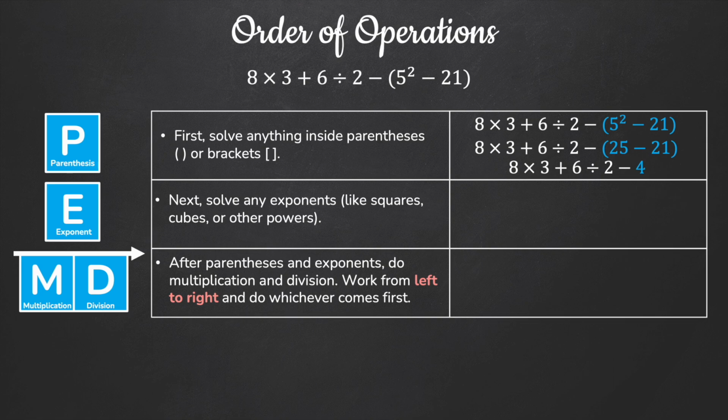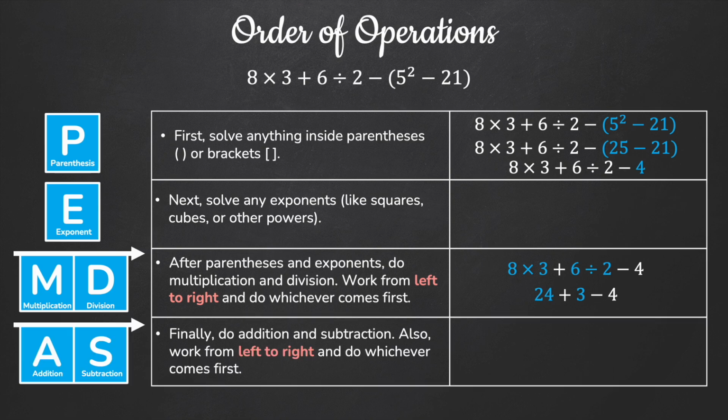Next, we have multiplication and division. Remember that it does not matter which one comes first, we're going to work on it from left to right. So in this case, we have 8 times 3, which is first, and that is 24. And then we have 6 divided by 2, which is 3, so we're going to substitute both of those.